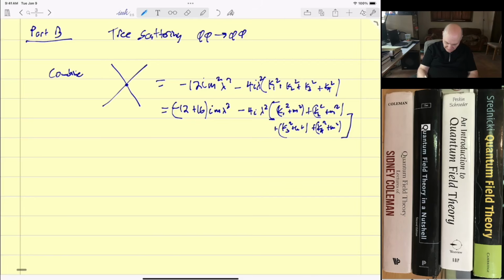So this is just equal to 4i m squared lambda squared minus 4i lambda squared times k1 squared plus m squared plus k2 squared plus m squared, and so on. This will save a lot of work if you do this.